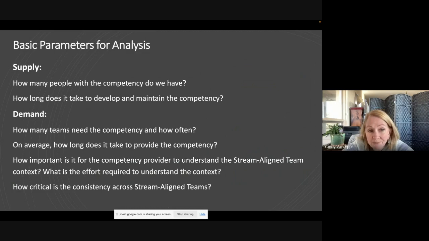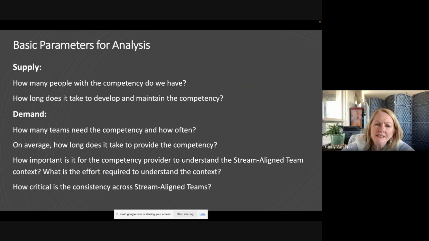that supply. And then we'd have to look at the demand. How many teams need that competency and how often? How long does it take? If I put in a ticket to ask for some information security review of my product, how long do I have to wait to get that help?